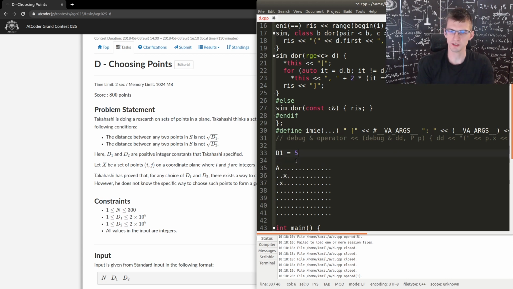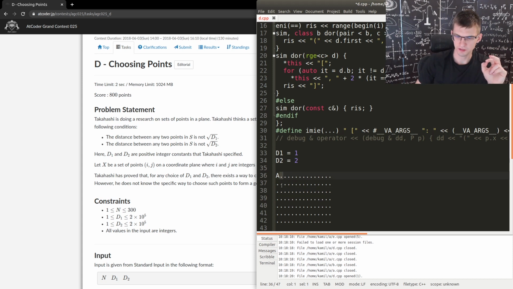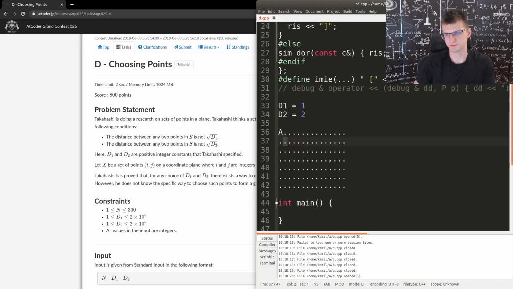In particular, D1 can be 1. Can I solve the problem for those constraints? Now it means that I cannot take 2 neighboring points, and I cannot take the point at the bottom right from me. This is then forbidden. But it seems that this is a good choice.